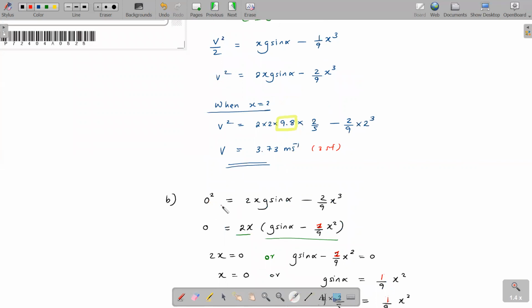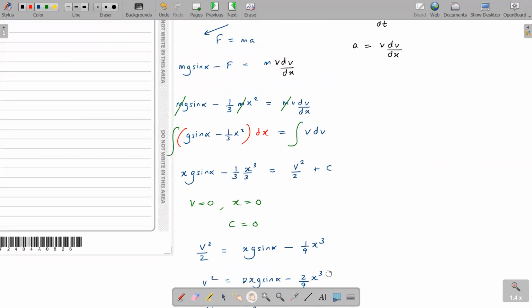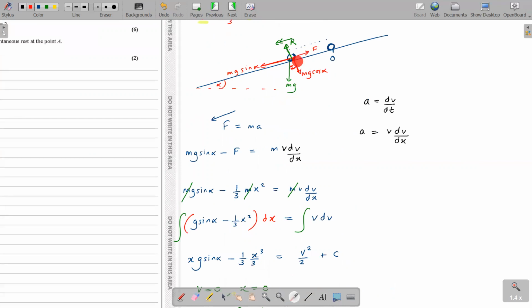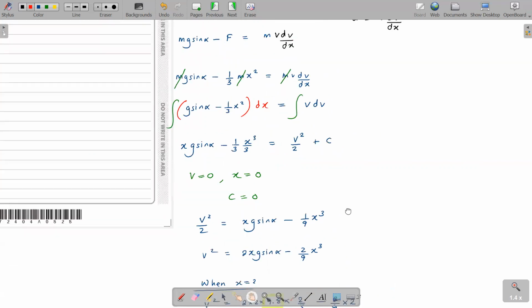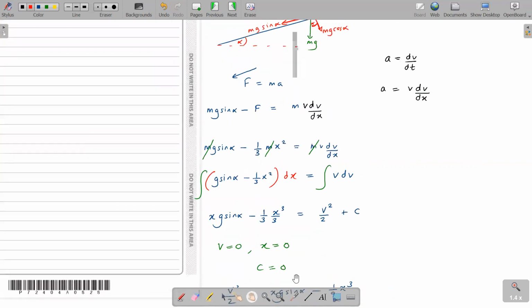So the velocity comes to 0 because of probably the resistive force, right? It's acting against. You can see the resistive force gets larger and larger as you have more distance from O.